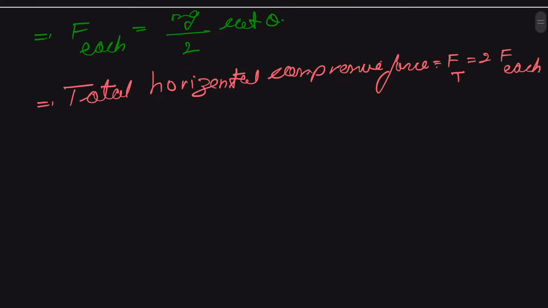We substitute F each, we get that F total will be equal to 2 times mg by 2 cot of theta. 2 and 2 cancel out, so this comes as mg cot of theta.